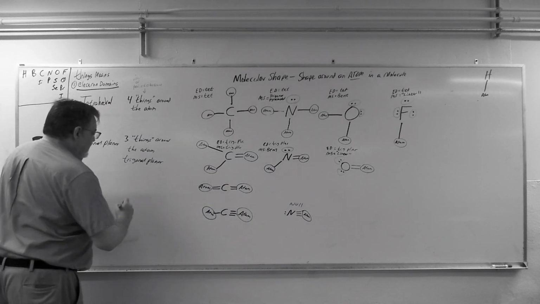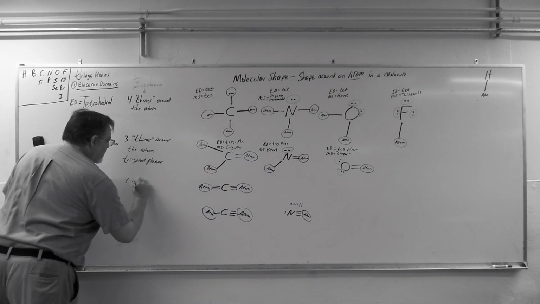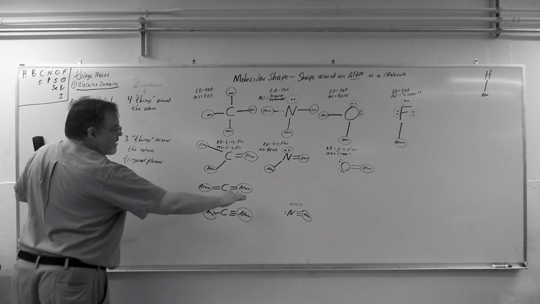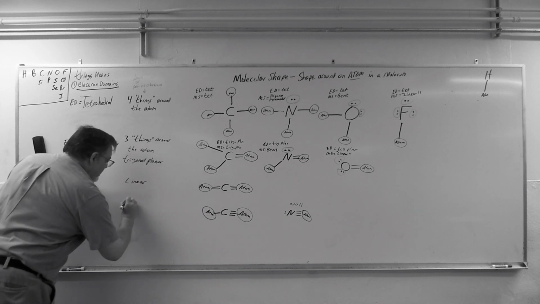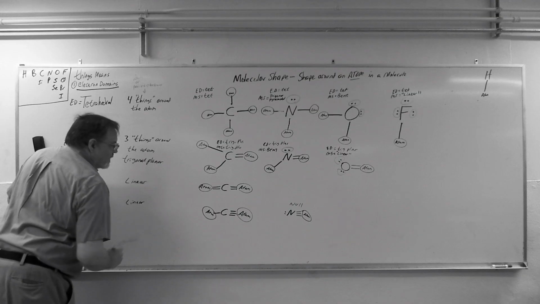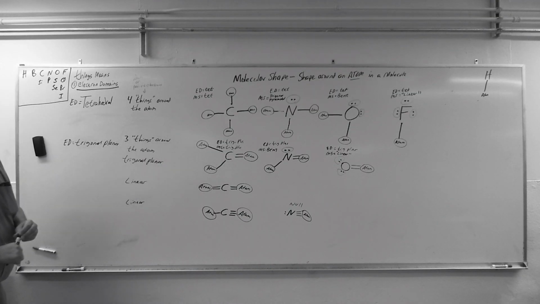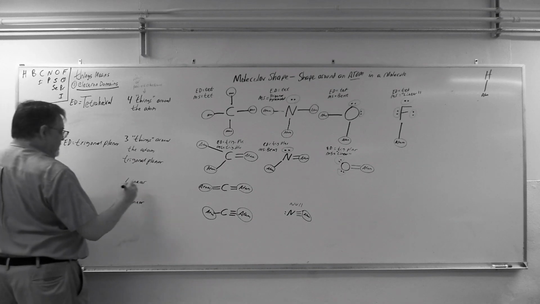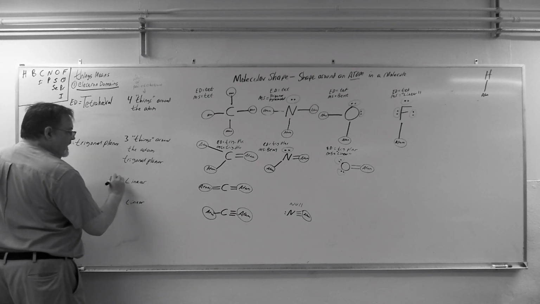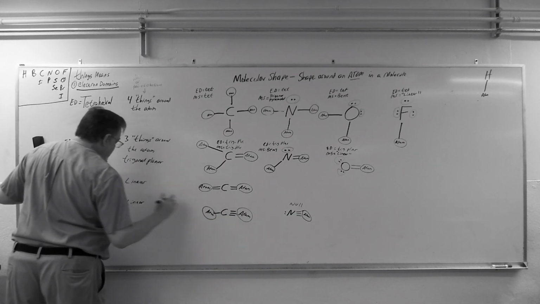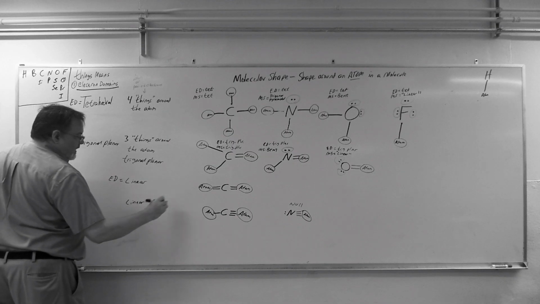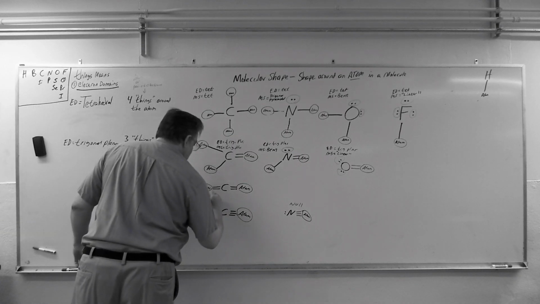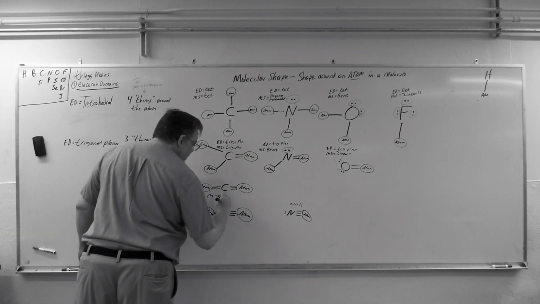But these are legit linear as their domain. And carbon never has any pairs of electrons around it, so these are, by electron domain, two atoms, linear, and by molecular shape, both of these are linear.